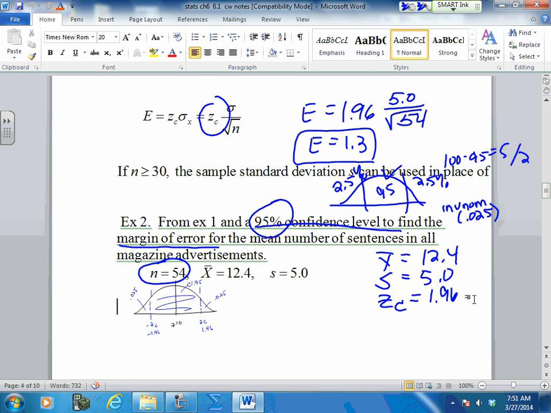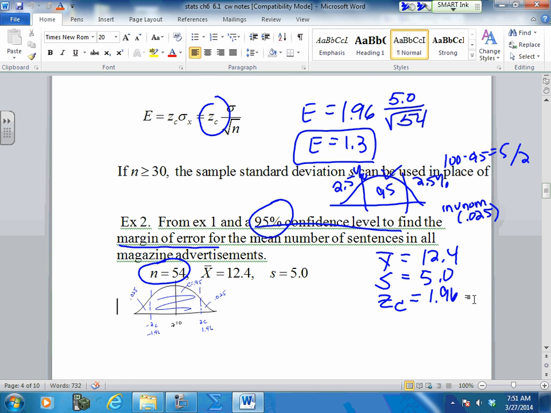So, go ahead. You just put it in the calculator: 1.96 times 5 divided by the square root of 54. Order of operations will do it exactly that way. And did you get 1.3? Yeah, I just forgot the decimal.